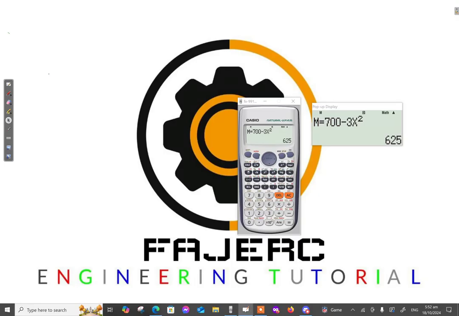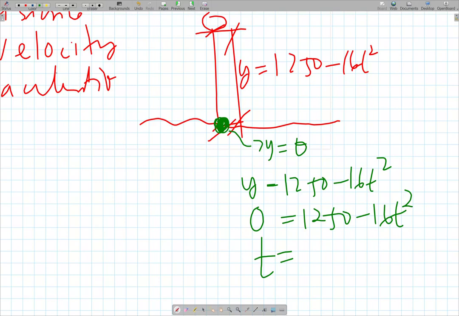Paano gumamit ng calculator? Paano ba yan? Equation, yan. Okay, isa-isahin natin, no?